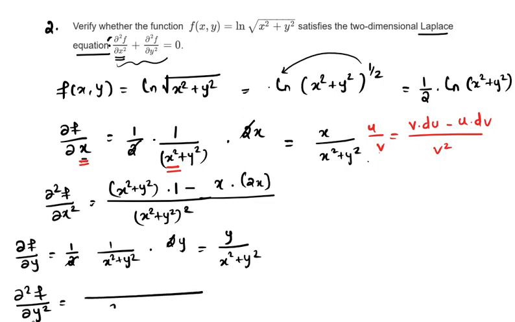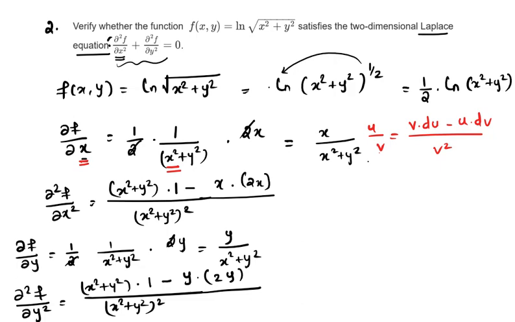So what you will get is x squared plus y squared the whole squared, and here the v value will be x squared plus y squared, and here it will be 1, minus, the u value will be y, and the v value, if you differentiate, here it will be 2y. Okay, now you are getting it in this way, right?